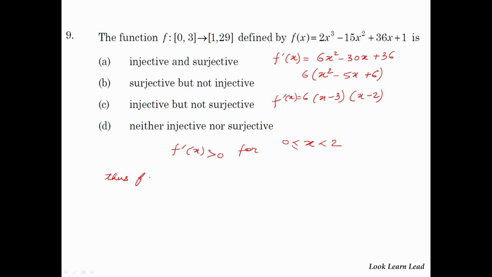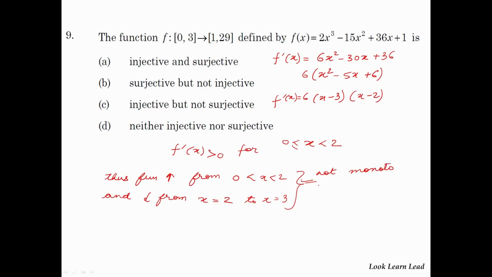Thus the function is increasing from 0 to 2. When we put the value of 3, the value of the function decreases, so the function decreases from x equal to 2 to x equal to 3. So it is not monotonically increasing or decreasing.